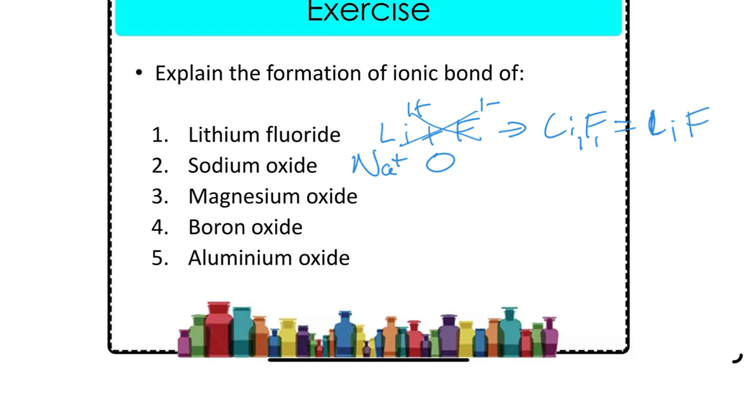So, when you gain those 2, you'll become 2 minus, and cross arrow the charges to get the subscript, and so we'll get Na2O, with Na having a +1 charge and oxygen having a 2 minus charge. So there'll be 2 sodium ions for every 1 oxygen ion.